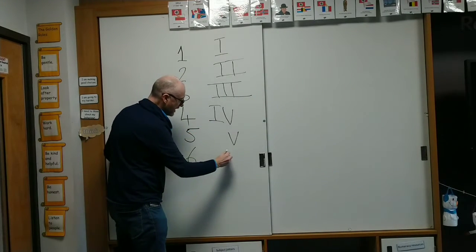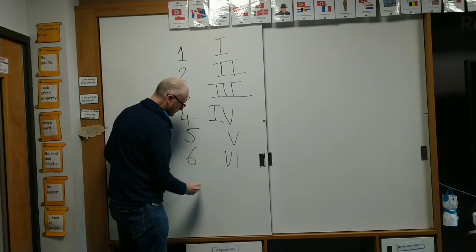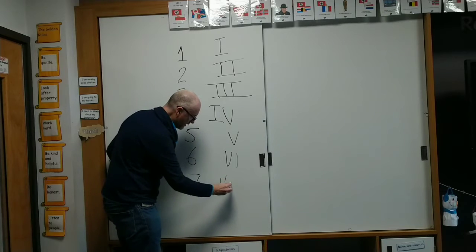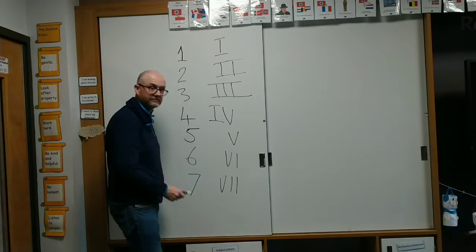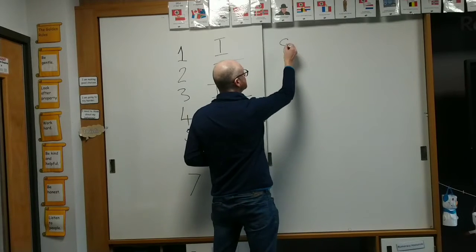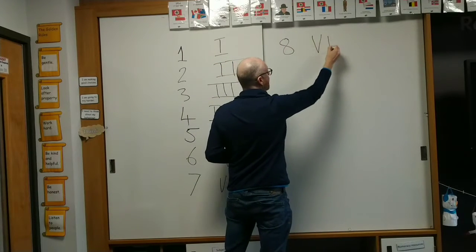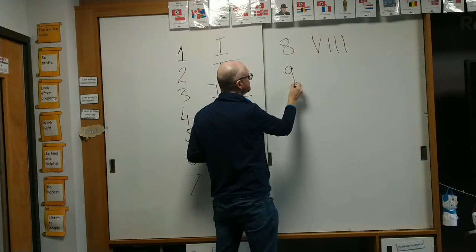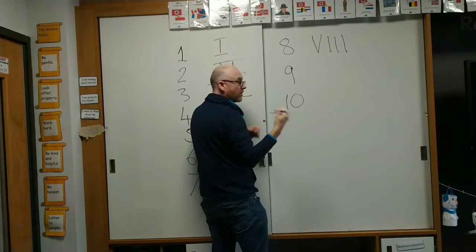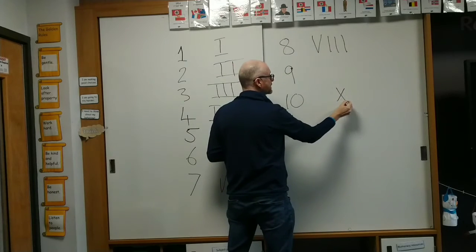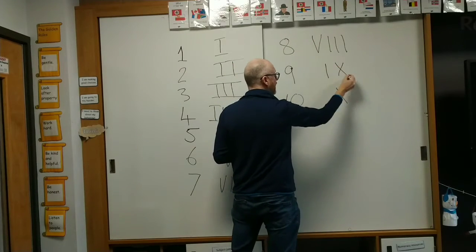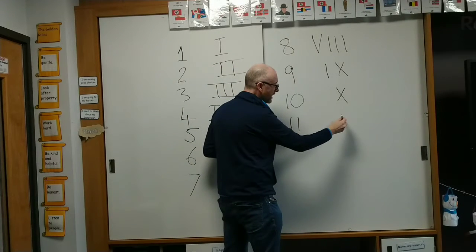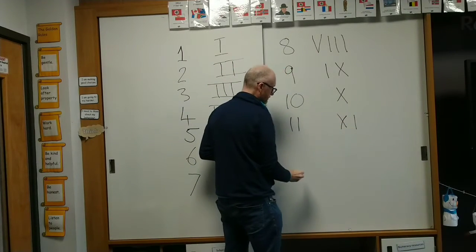6 is VI. 7 is VII. 8 is VIII. 9, well, 10 is a place marker, so 10 is X, so 9 is 1 before X, okay? 11 is XI.